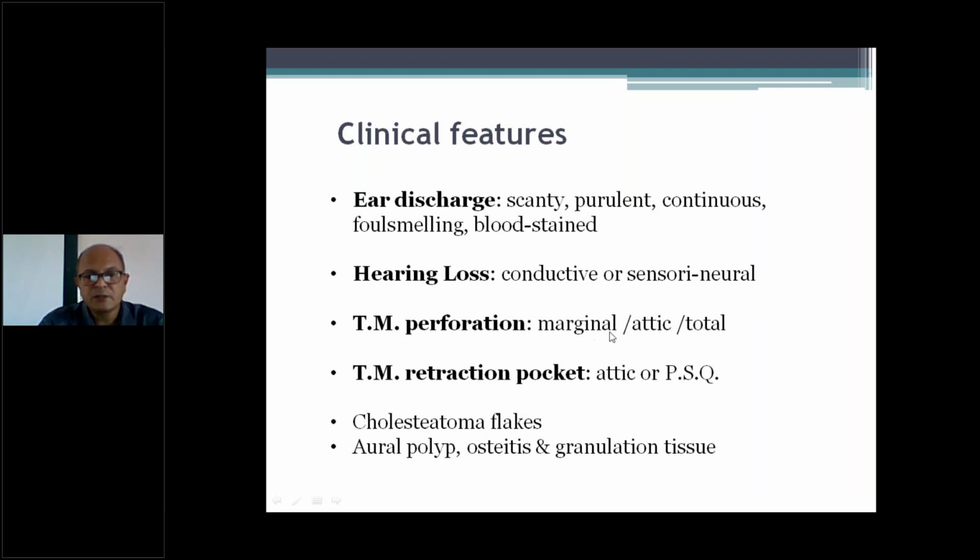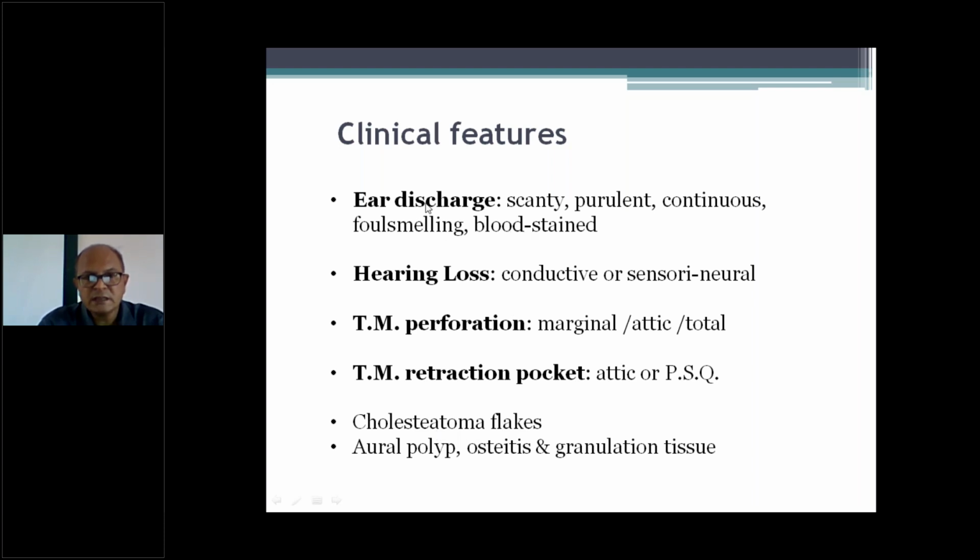Tympanic membrane perforation may be a marginal perforation, or attic, or a total perforation. In case of a retraction pocket, it might be attic or in the posterior superior quadrant. And sometimes, when there is an active infection, you can see cholesteatoma plaques also.